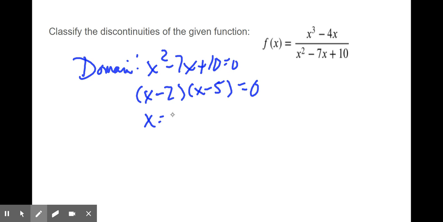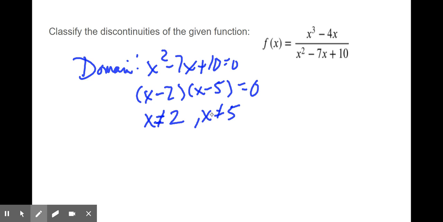So x can't be 2 and x can't be 5. These are the two values that we're going to eliminate from our domain, x equals 2 and x equals 5. Now the question is, what kind of discontinuities are they?